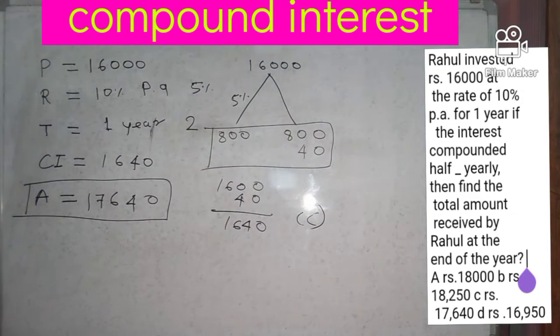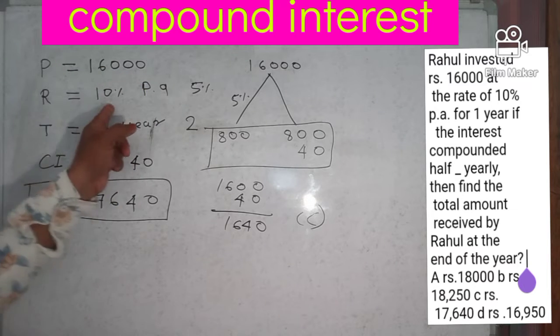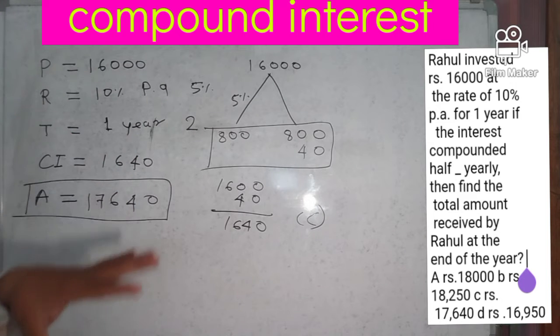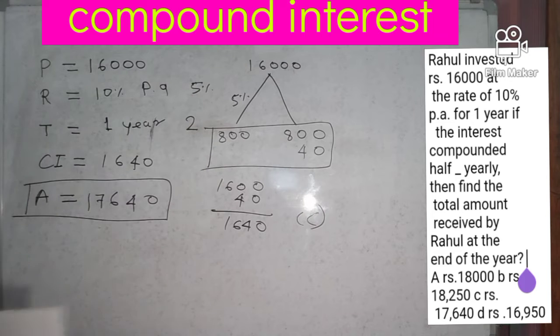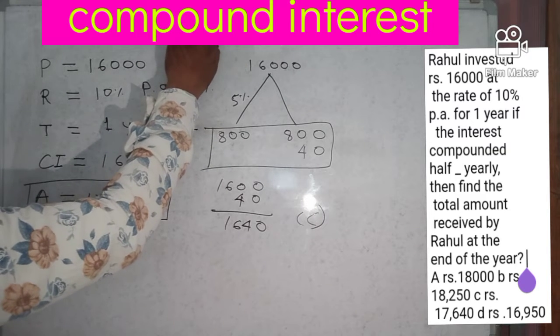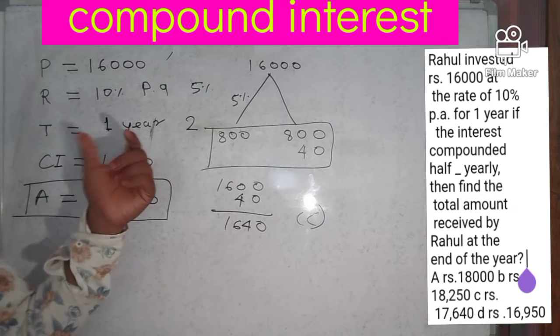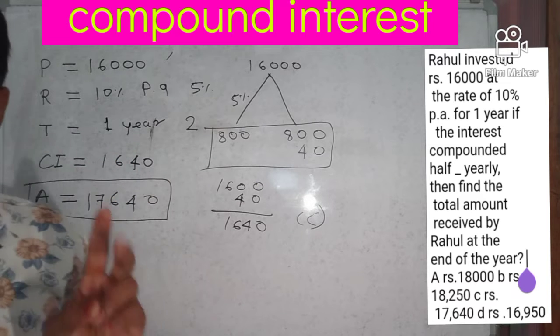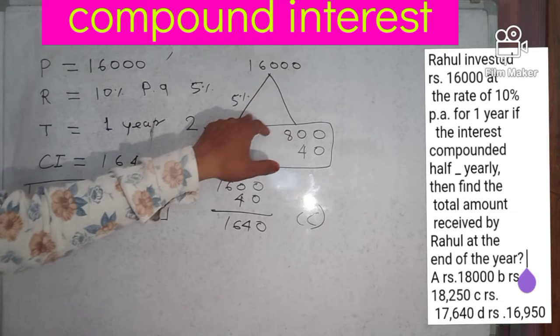Here's once again, friend. Principal is given as 16,000, right? Rate of interest is 10% per annum, but the question asks half yearly, which means half yearly will be 5%. This 10% is per annum, but we need half yearly, so divide by 2, so it will be 5%, right? And time duration is 1 year, so half yearly means 2 periods of 6 months. So draw 2 lines.